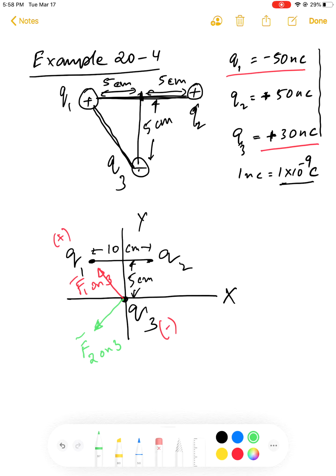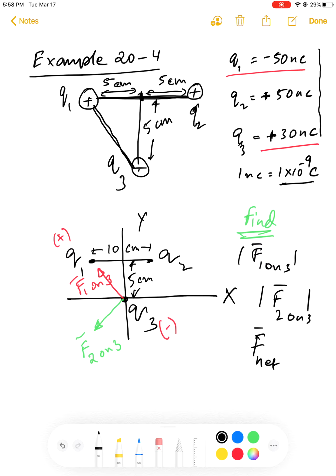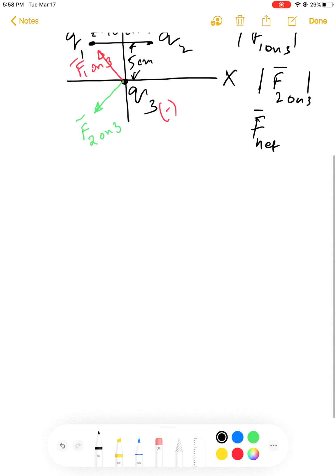Our steps should be: first find the magnitude of F 1 on 3, find the magnitude of F 2 on 3, and then find F net using components, so that we can represent both the magnitude and direction of the net force. All right, so let's proceed.